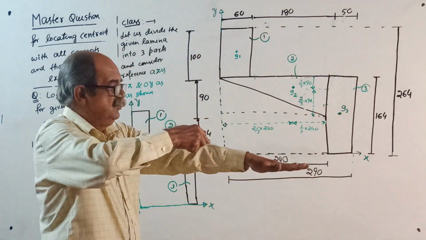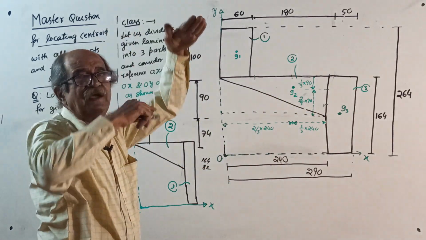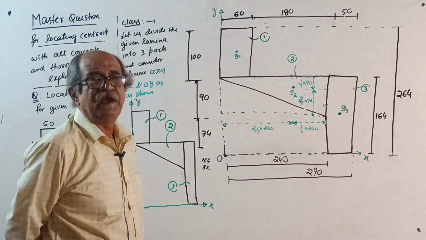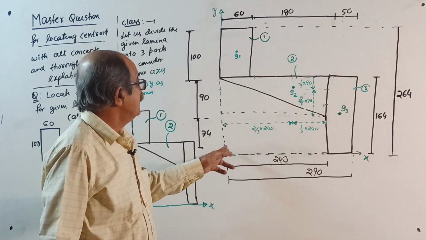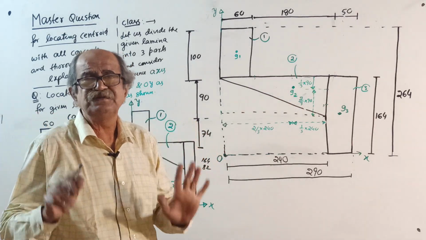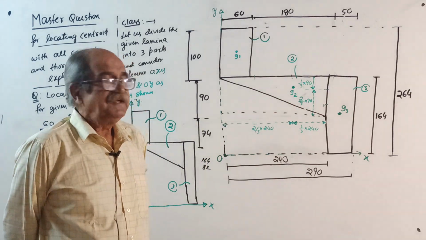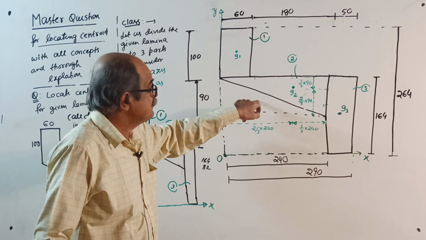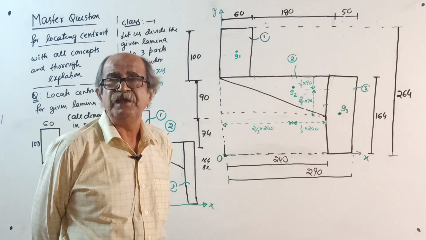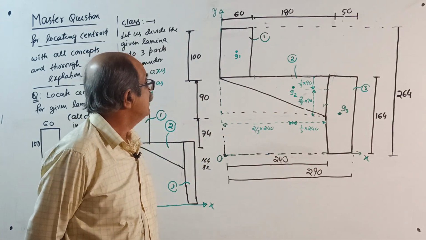Or y bar, you can find this way or this way. In each and every class, we cannot do it that way. Let's try first here, then get from there. One solution, that's all. But in this class, I am trying all the possibilities so that everything is clear.